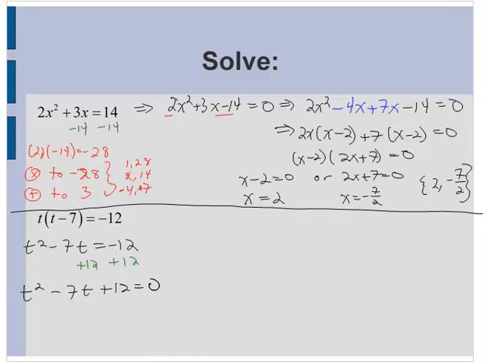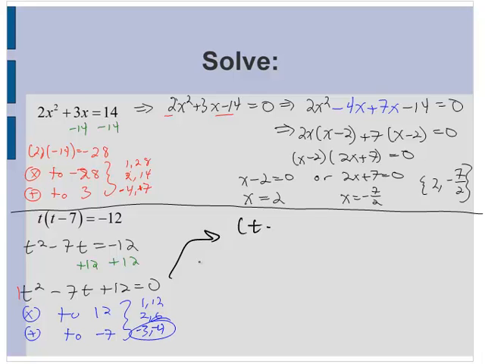Now this is the simpler case for factoring, since the lead coefficient is 1, so I just need a pair of numbers that multiplies to 12 and adds to negative 7. Let's see, we have 1 and 12, 2 and 6, 3 and 4. 3 and 4 is the pair that I want, and if they're both negative, then I'm good.